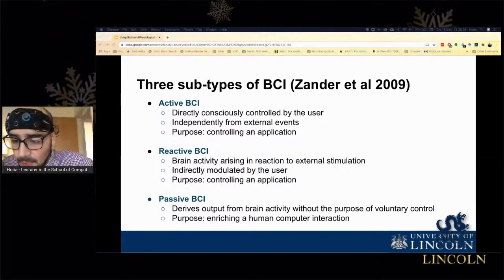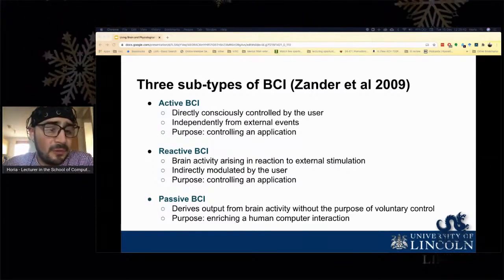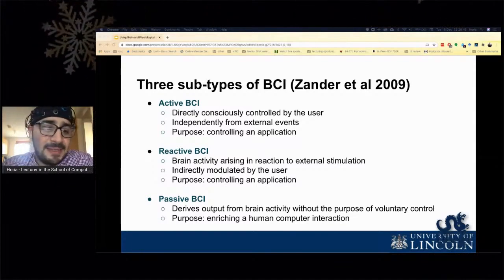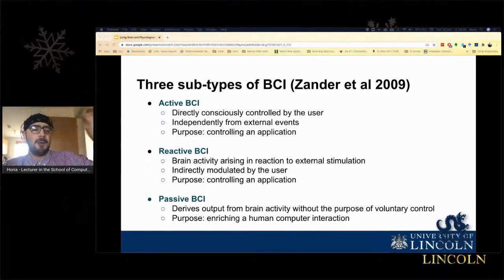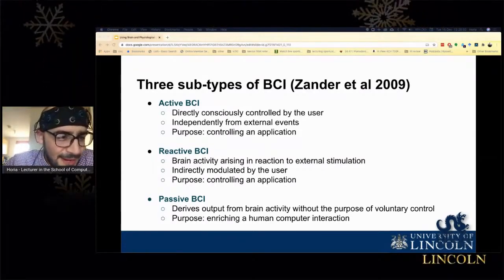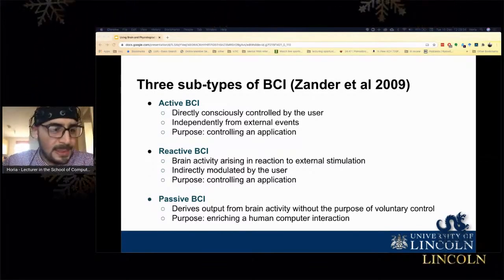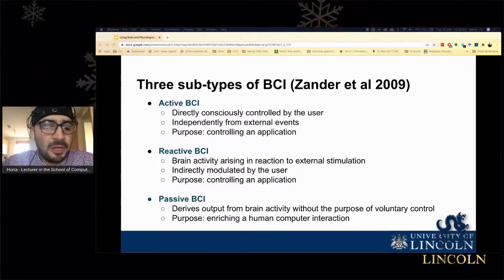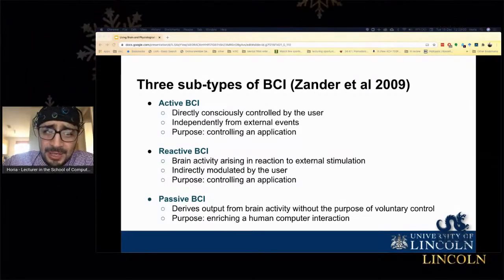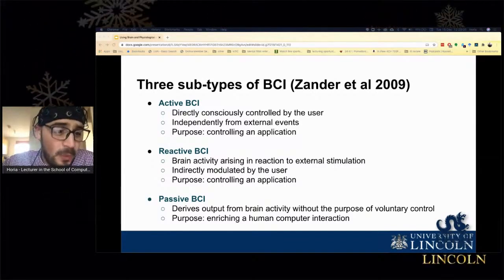And the last one is the passive BCI, and this one has a little bit of a different purpose. Let me just give you an example of reactive and passive so we can distinguish between the two. Imagine you're an air traffic controller managing airplanes, and you've got about 30 airplanes to manage, and you're getting pretty stressed out. Because you're wearing a brain scanner, we can measure that.